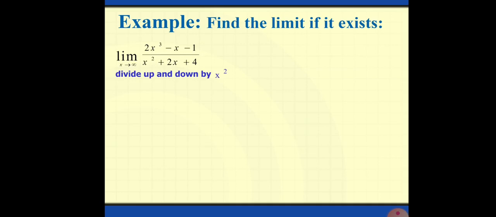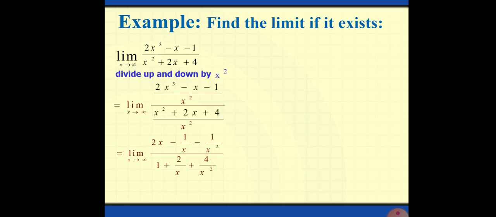Find the limit of this rational function when x approaches infinity. We have to divide by x with the greatest power in the denominator here. So we have to divide by x squared. So we have this form after simplifying this problem.